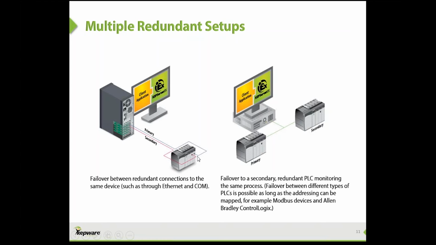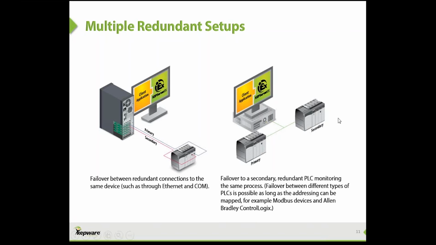Maybe this primary connection is a cellular connection and the secondary connection is a serial radio modem connection to this remote device. If for some reason the primary cellular connection fails, KEPServer runtime with media level redundancy configured would fail over to the secondary radio modem connection. So that's 2 connections, primary and secondary, to the same device.